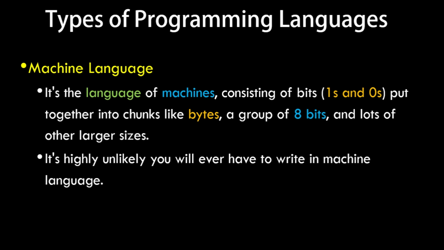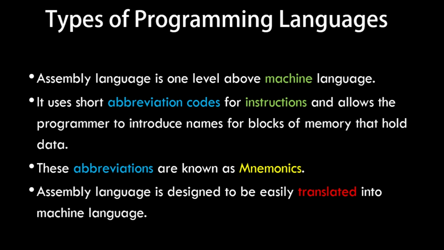So let's look at the next type of language, which is assembly language. Assembly language is one language which is above machine language, that is, it is similar to it, but it consists of abbreviations known as mnemonics. Now these mnemonics are instructions written in English or human understandable languages.